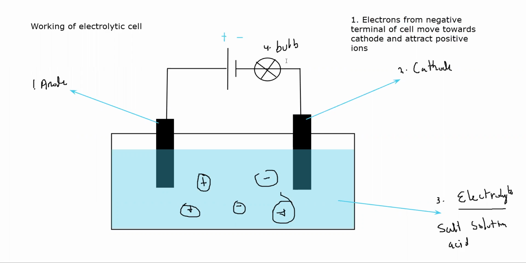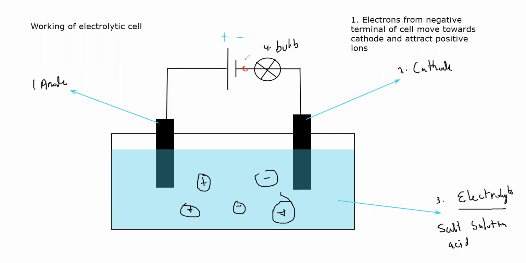From the negative terminal of the battery, the electrons are coming out. I'm using the symbol e for electrons.